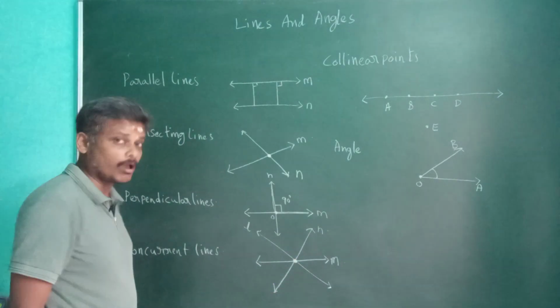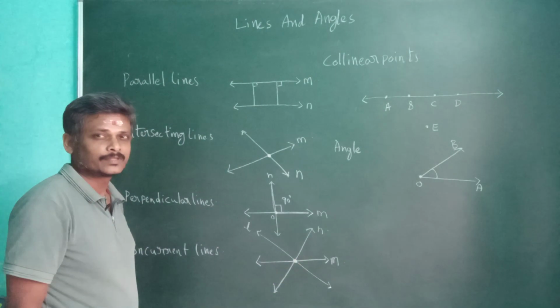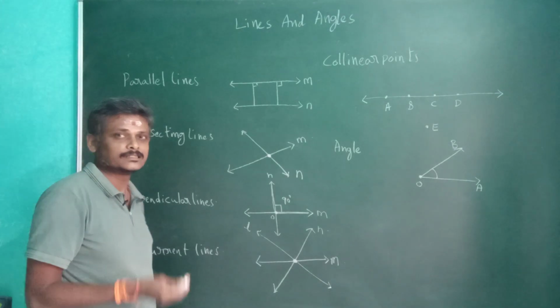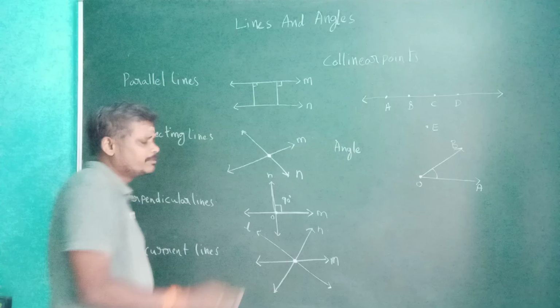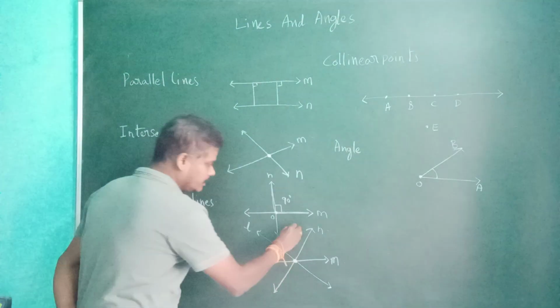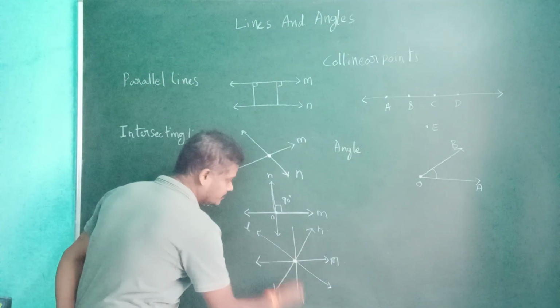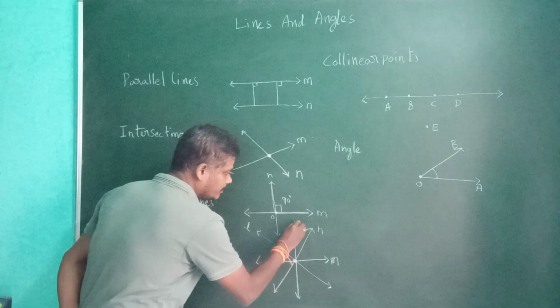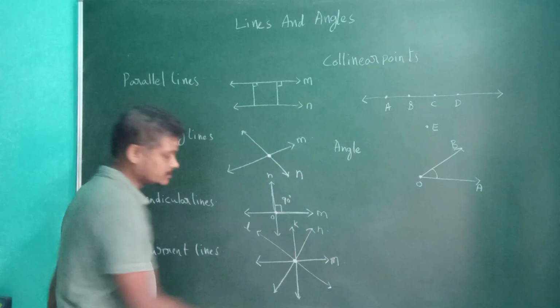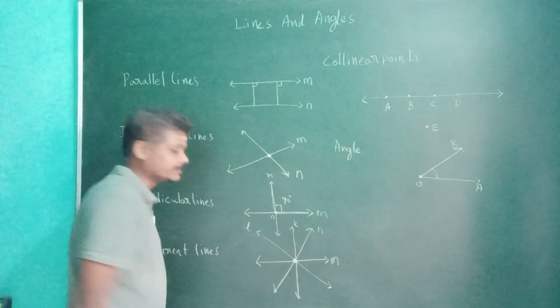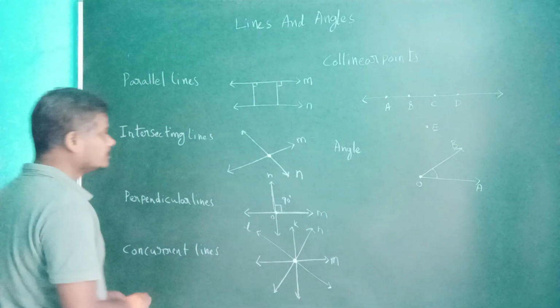These three are called concurrent lines. The condition for concurrent lines is that at least three lines are necessary, maybe three or more than three. You can take another one. This is another line K. M, N, K, L are concurrent lines because they have one common or intersecting point.